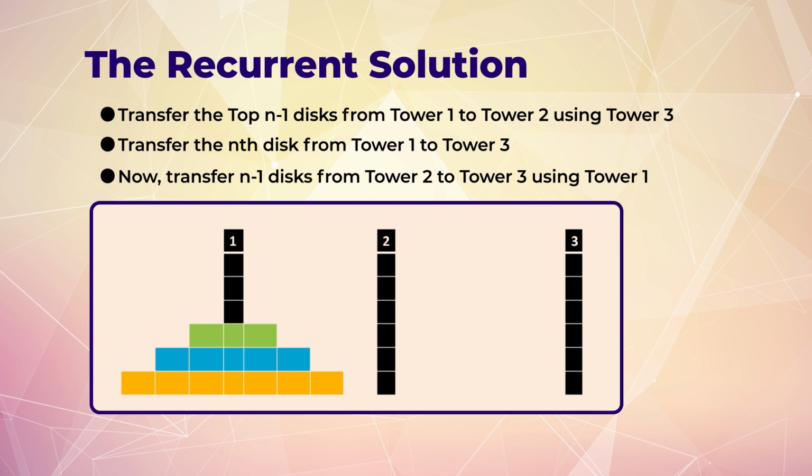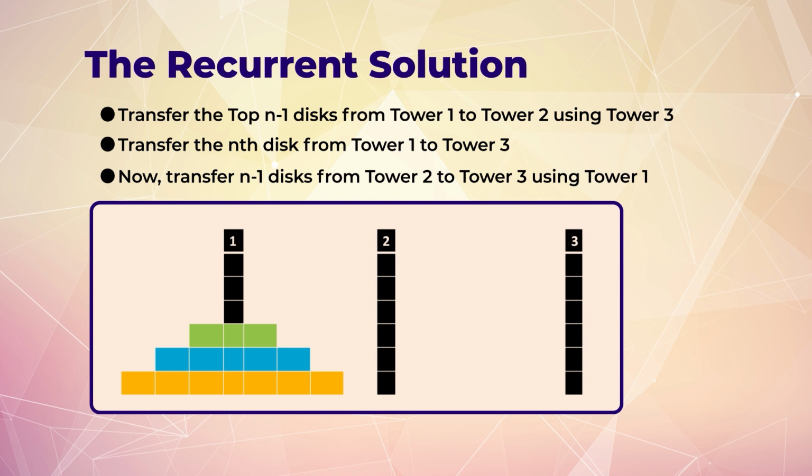Then the nth disk is transferred from tower 1 to tower 3. Since the remaining disks are in tower 2, you will then transfer the remaining n minus 1 disks from tower 2 to tower 3 using tower 1. This is the recursive solution to this problem.